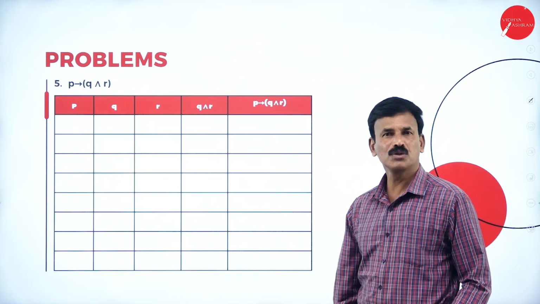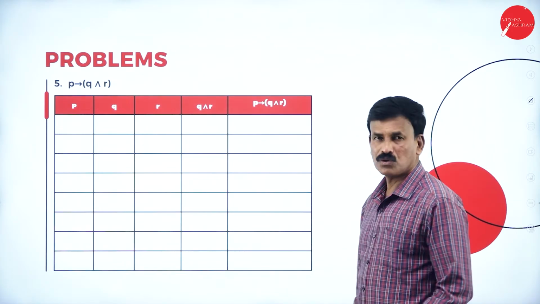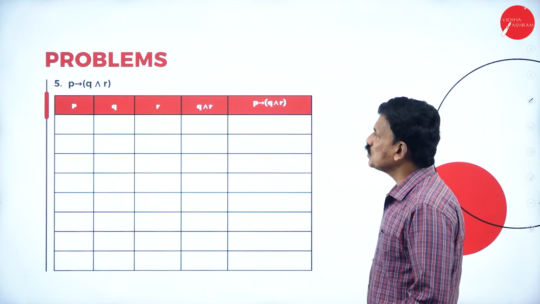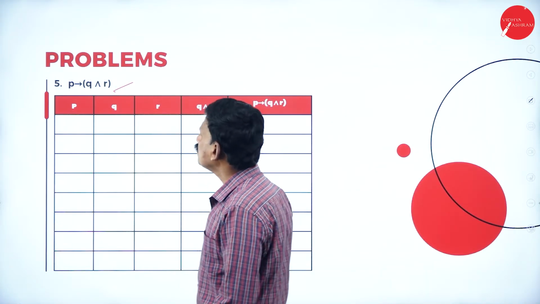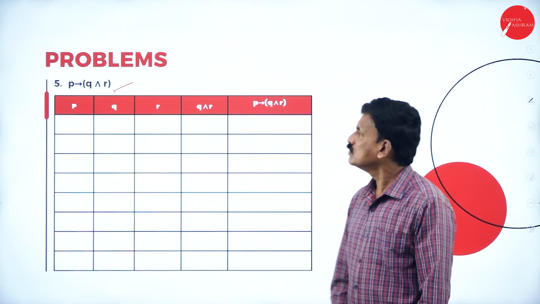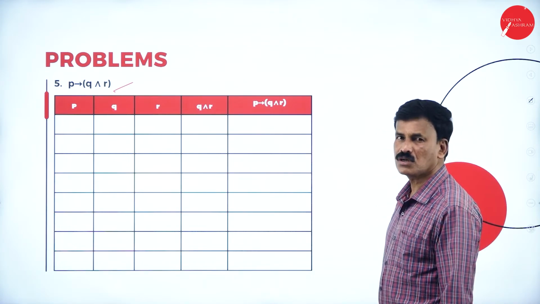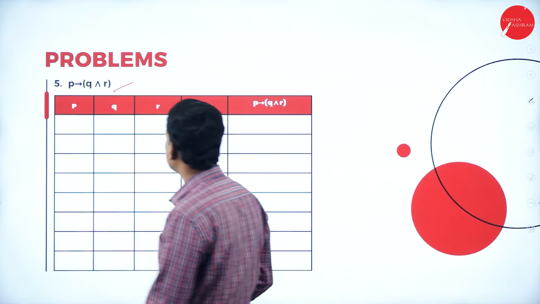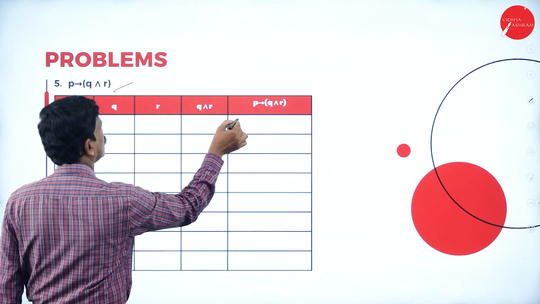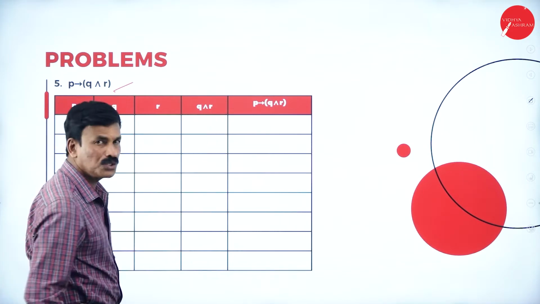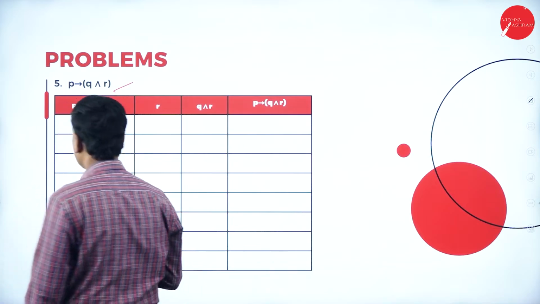Let us take one more problem in this P, Q, R: P conditional to Q conjunction R. I have to construct the truth table for P conditional to Q conjunction R. Here let us split P, Q, R, Q conjunction R, then P conditional to Q conjunction R. As usual, write down the truth values.